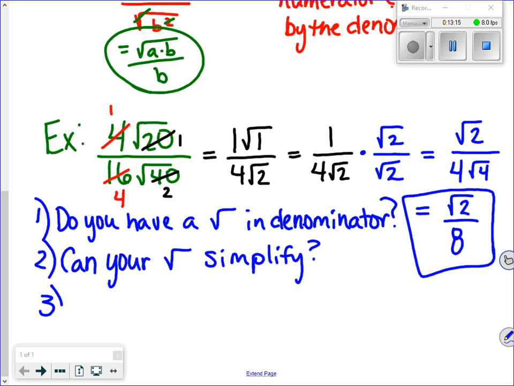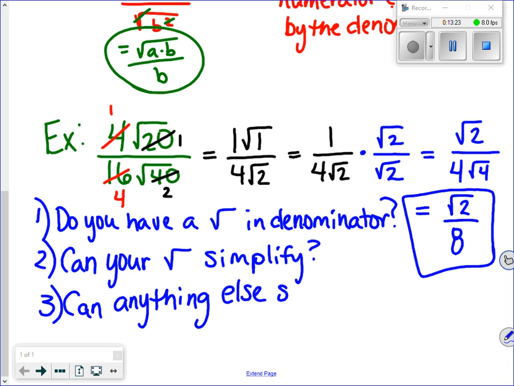And can anything else simplify? Before you circle your answer, these are the 3 questions you want to ask yourself every single time. Do you have a square root in the denominator? Can your square root simplify? Or can anything else simplify? Are there any numbers outside square roots that can simplify, underneath square roots that can simplify?